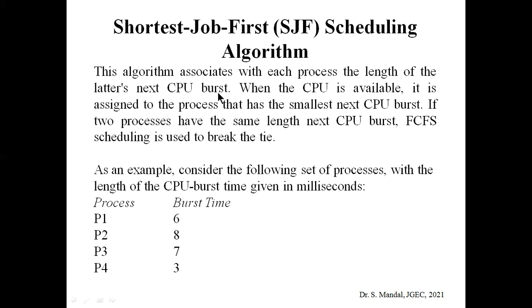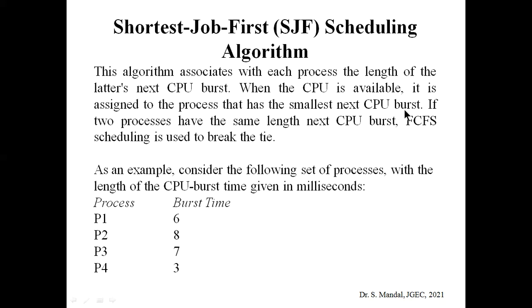That means we should consider the burst time of the upcoming process. So we need to compare all the processes that are coming to the ready queue. When the CPU is available, it is assigned to the process that has the smallest next CPU burst.